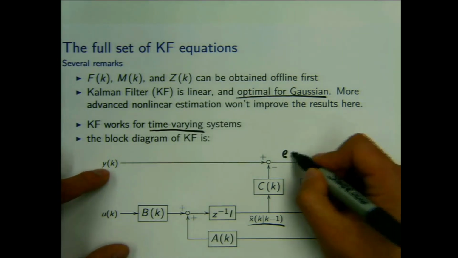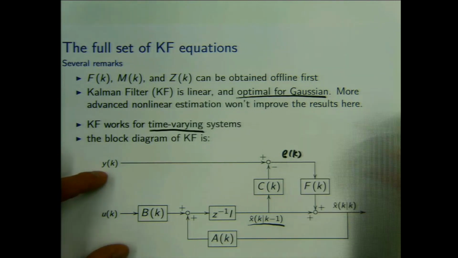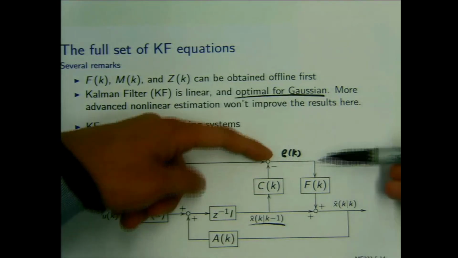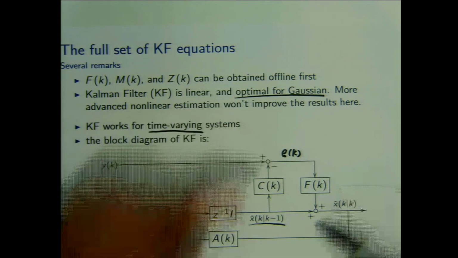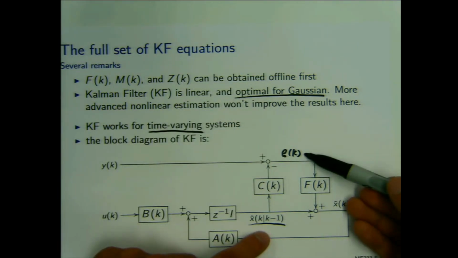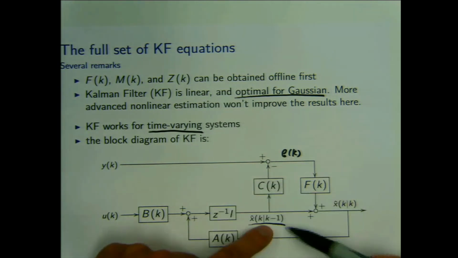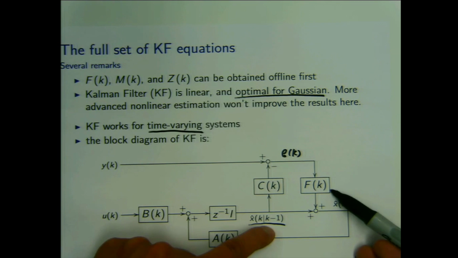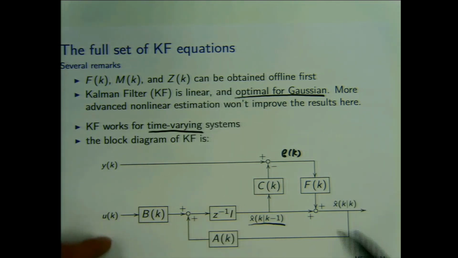I forgot which notation I used, but let's say this is the error term. This error term is used to improve the estimation. This error information at time k is used to improve the state estimate by filtering through the Kalman filter gain matrix. The other parts are just the system matrices inside. All these previous discussions hold for time-varying systems.